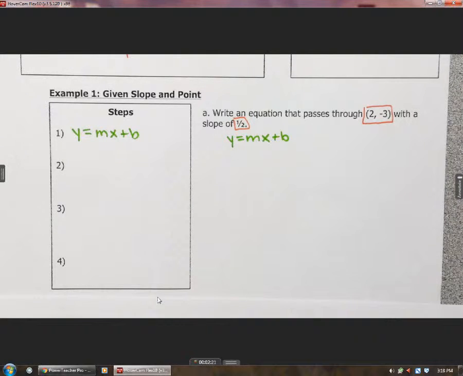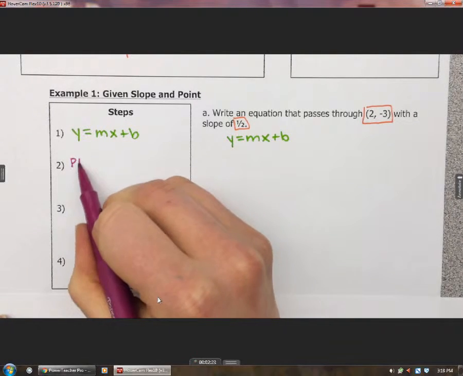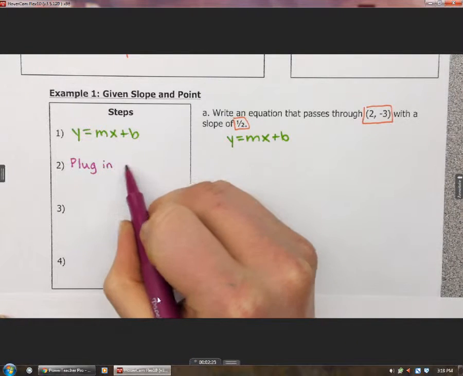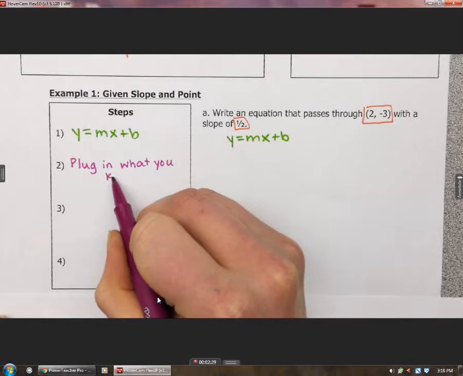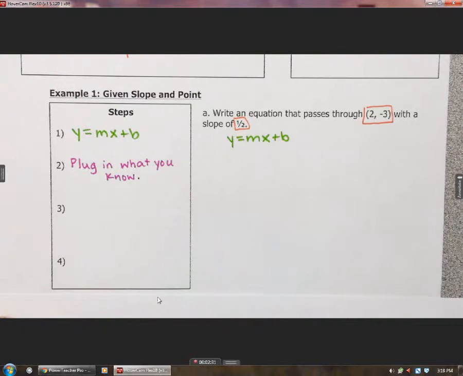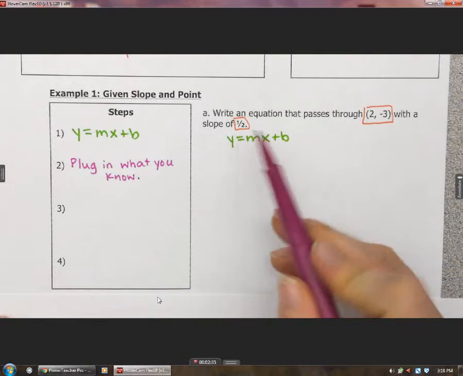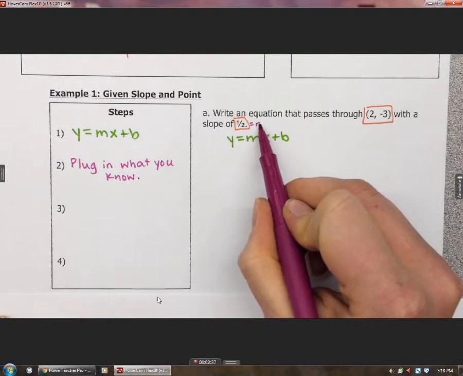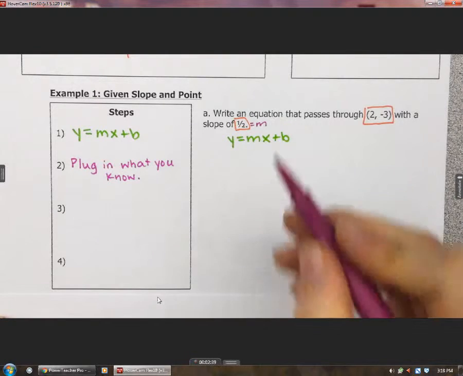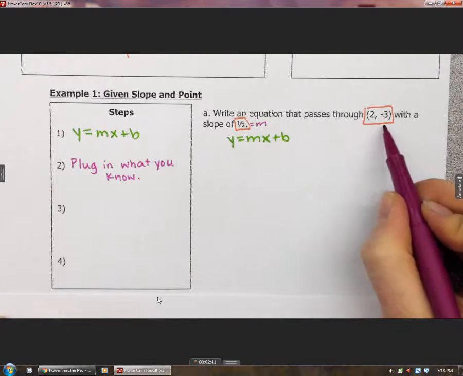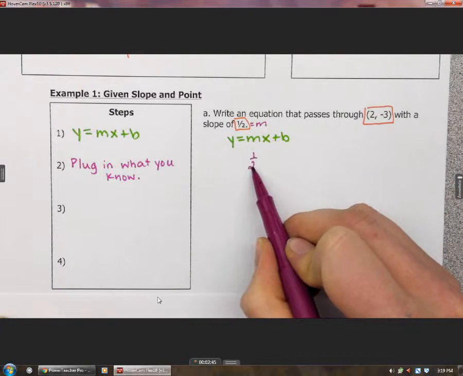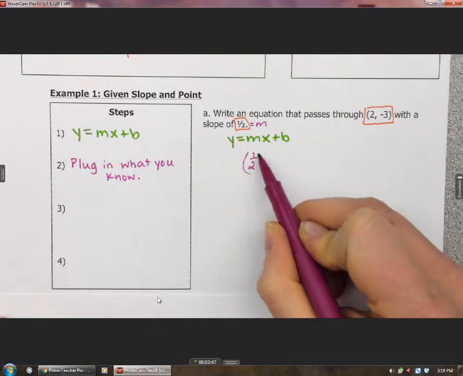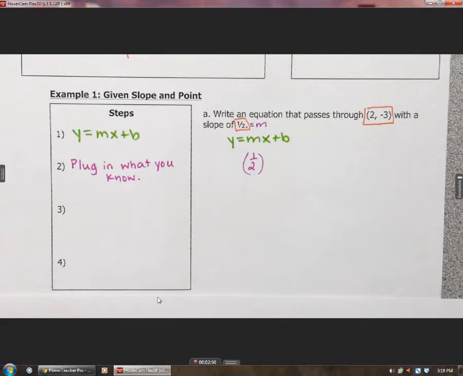Your second step is plug in what you know. They give us some things in the problem. What is the 1/2? It's the slope. Slope is m. So we definitely can plug in the 1/2 right here for the m. There are some other things you know, though.